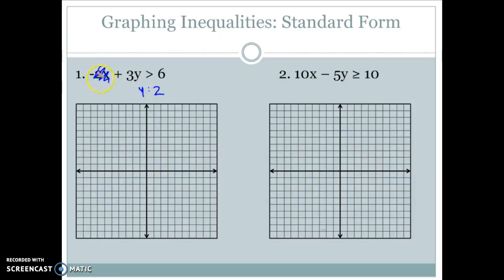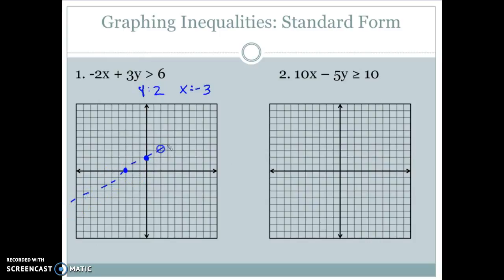Then I can do the same thing for x, cover up my y, negative 2x equals 6, so my x-intercept is at negative 3. When you're first graphing, don't worry about the inequality sign. Treat it like an equation. So my y-intercept is at 2, my x-intercept is at negative 3, and it's just greater than, so I'm going to use a dotted line.